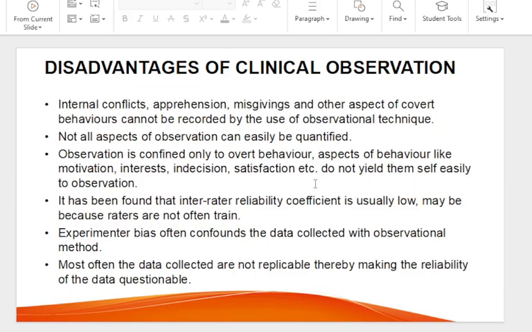Now, it has been found that the inter-rater reliability coefficient is usually low, maybe because raters are not often trained. To get a valid clinical observation most times requires extensive training. So, when the raters are not efficiently trained, you have an inter-rater reliability coefficient that is very low.